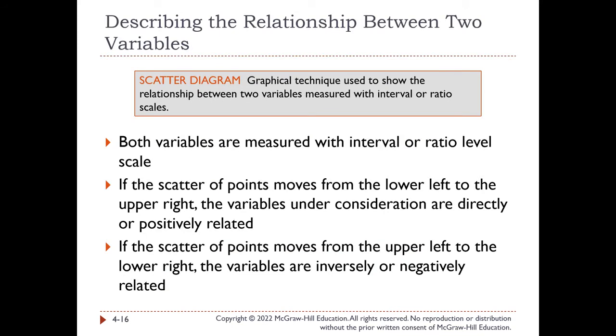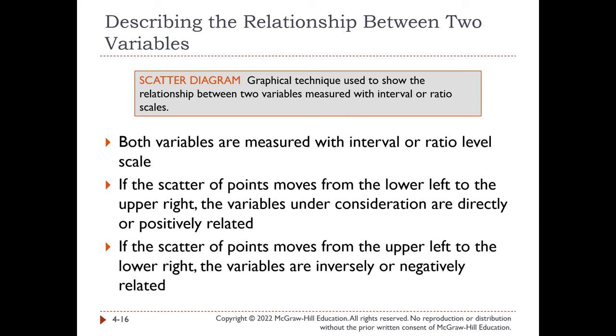Alright. Another fun one. This one I actually enjoyed quite a bit because it's a nice way to show how things go. It is known as the scatter diagram, where we plot all of our data. It is a graphical technique used to show the relationship between two variables, measured with interval and ratio scales.